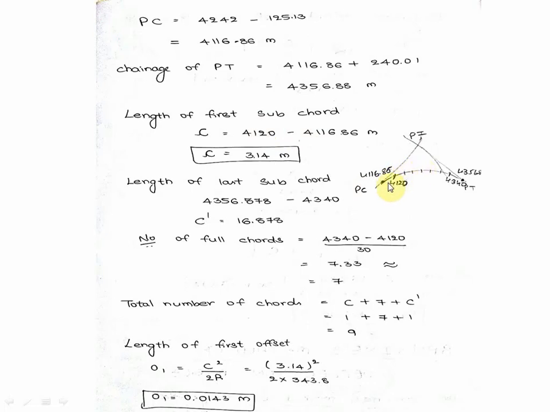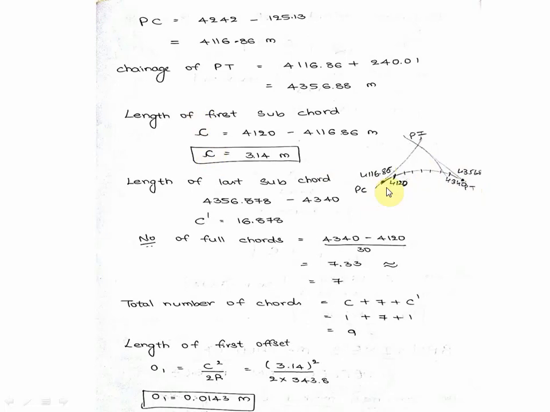For first subchord, they have taken the nearby roundup value, because as I have told, all the full chords or normal chords will be longer than the subchords. First and last chords will be subchords which are shorter in length than the normal chords.